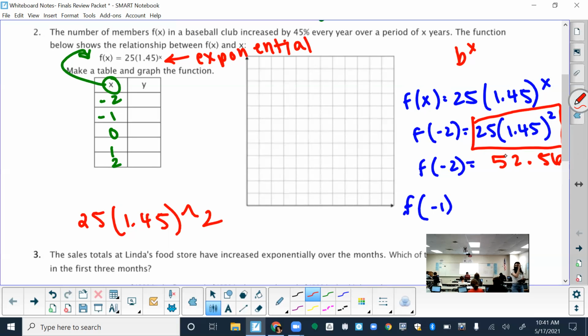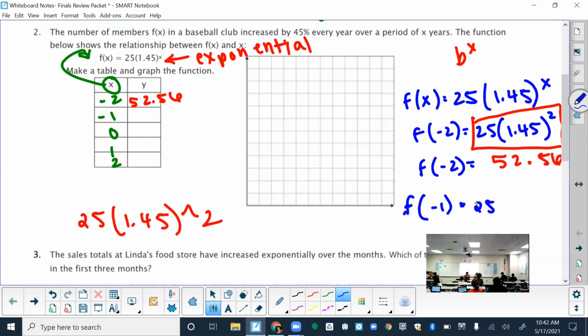So that's my first y value. When I graph it, it'll be 2, 52.56, which doesn't fit on this graph, but you see how we're making it.